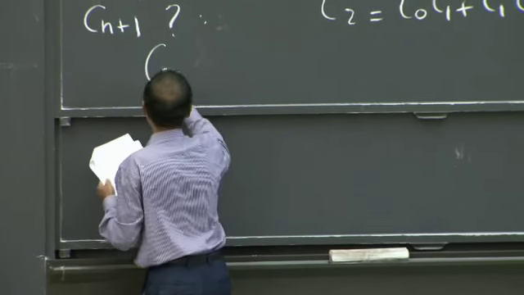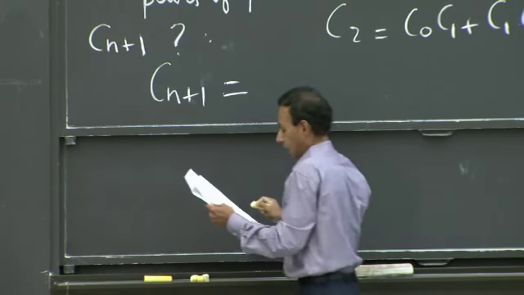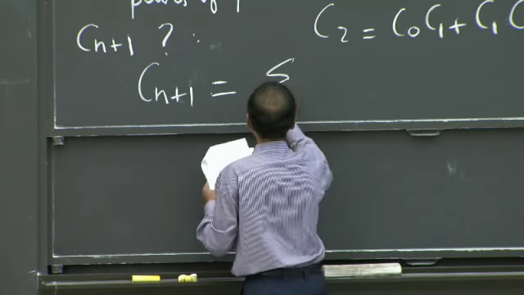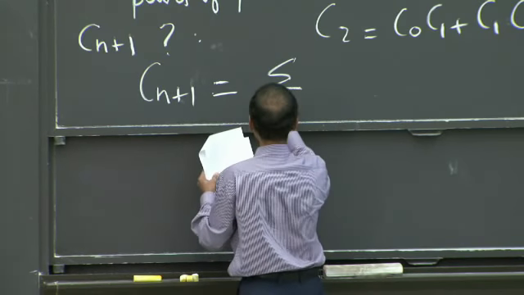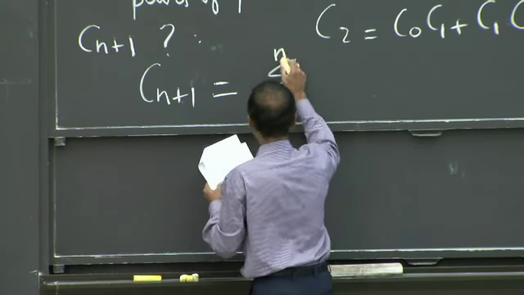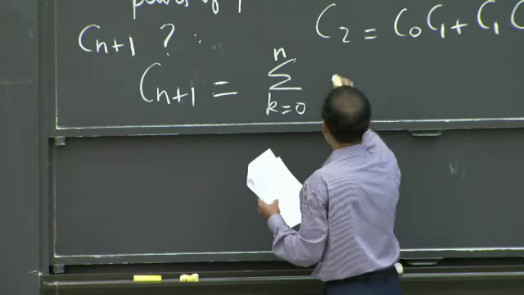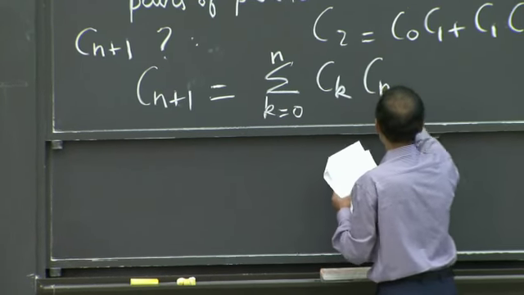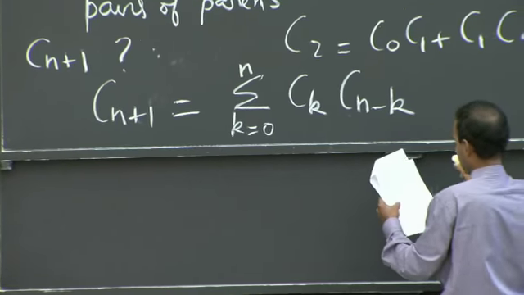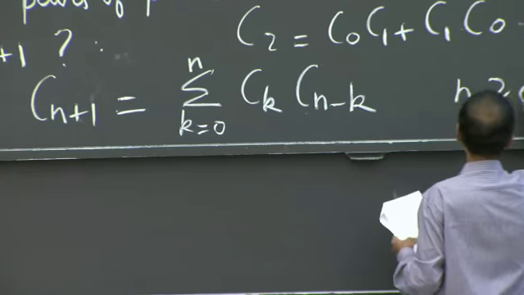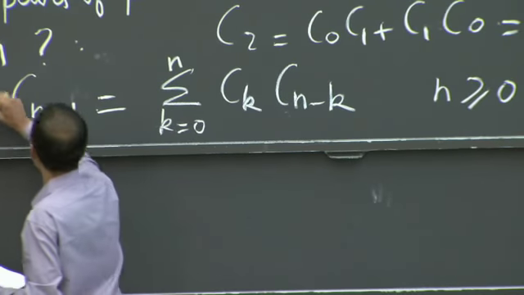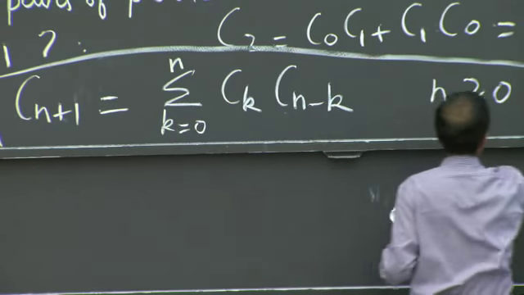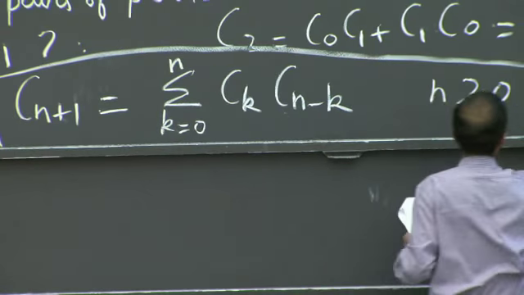So Cn plus 1 equals sigma. You gave me a summation, k equals 0 through n, Ck Cn minus k, where n is greater than or equal to 0. Okay? And you can figure this out.